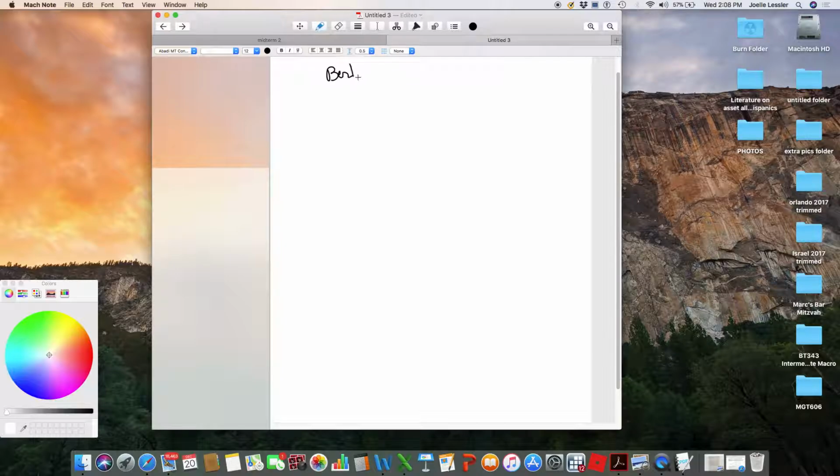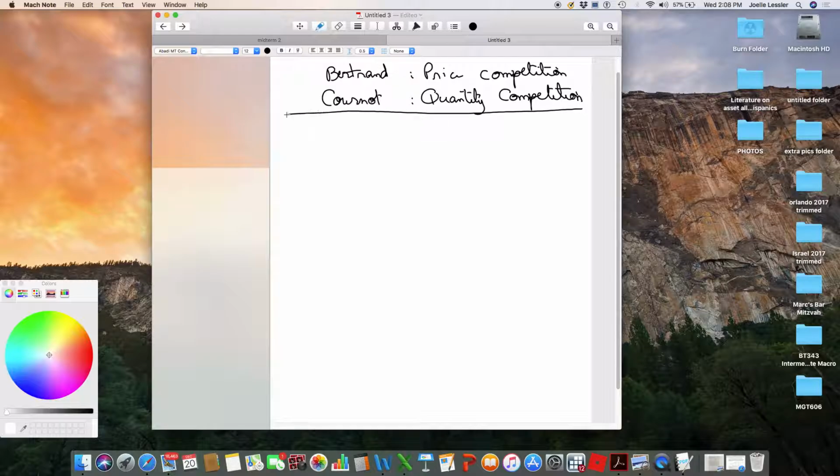Bertrand competition is where you're competing on price. Cournot competition is where you're competing on quantity. So you just need to know this in terms of knowing the terminology, but we're not spending any time on it.